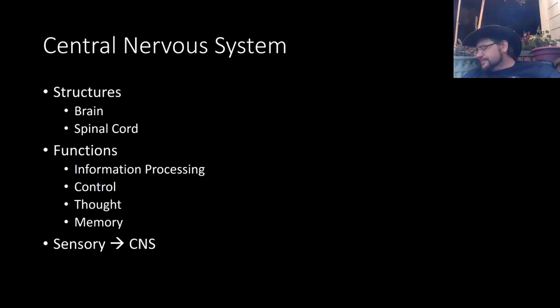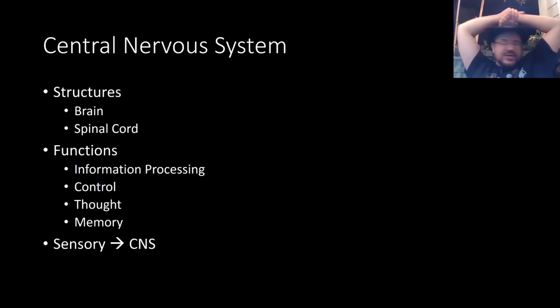So the general pathway for information gathered from the external and internal environment, which is just sensory information, is that it travels to the central nervous system. So it's gathered in the body, in the peripheral nervous system, and those impulses are sent to the spinal cord.